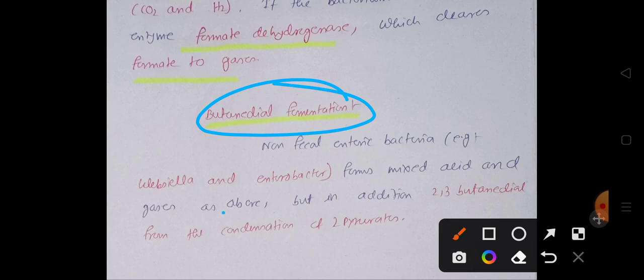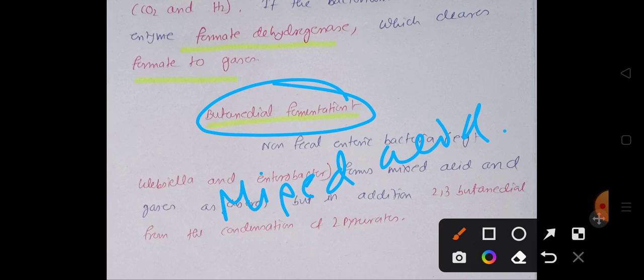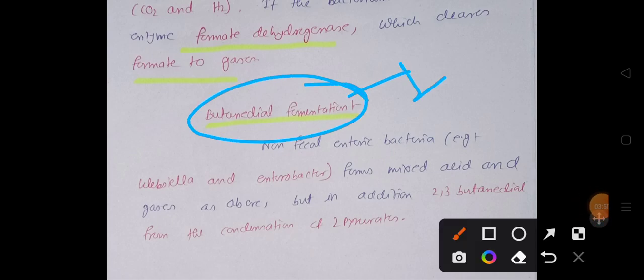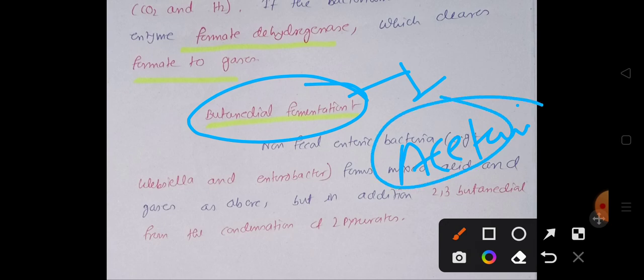In this type of fermentation, all the end products of mixed acid fermentation will occur, even gas production if they have formate dehydrogenase, and along with that there will be formation of 2,3-butanediol. And as I told you, in this butanediol fermentation there is a very low amount of acid production, and also a distinctive intermediate named acetoin. These two things, low acid production and acetoin, help us to distinguish these butanediol fermenters, which are mainly non-fecal enteric bacteria, from fecal enterics, which are mainly mixed acid fermenters, right?